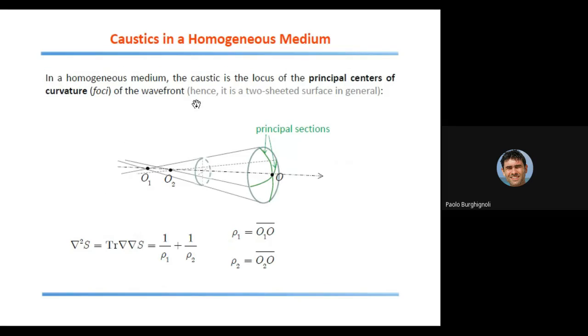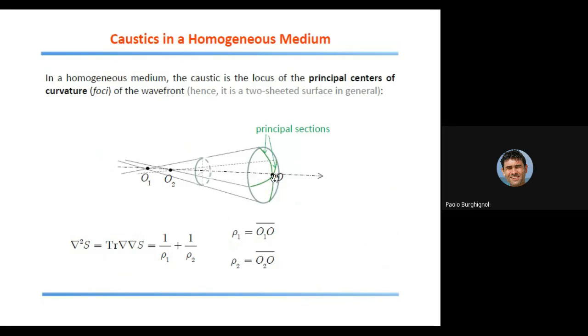Now, in the particularly simple case of a homogeneous medium, it turns out that the caustics are the loci of the principal centers of curvature of the wavefront. So if you consider a point O on the wavefront and you define the principal sections as those sections where the curvature has its minima and maxima, then the radii of curvature will identify 2 points, O1 and O2.